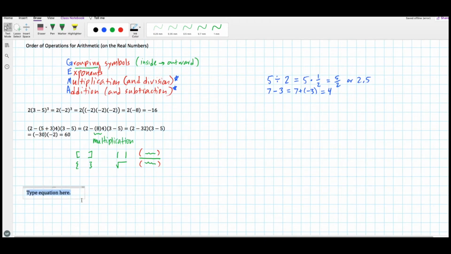So let's say I were asked to evaluate 2 minus 3 to the third power, and then that is all raised to another power. At this point, we have to rely on grouping symbols. If I put parentheses around this, and then make that squared, then what that means is I have 2 minus 3, which is negative 1.